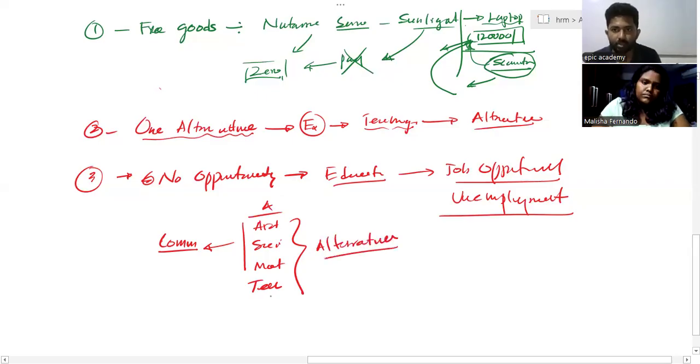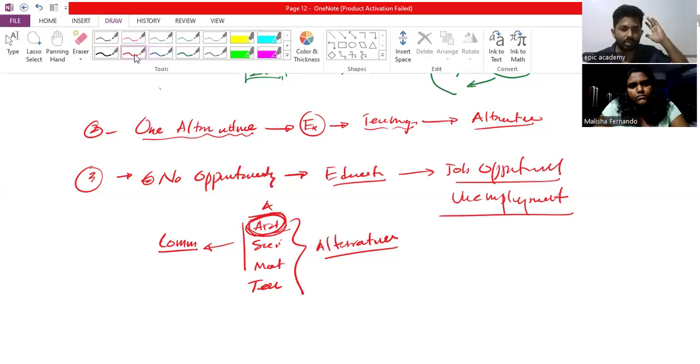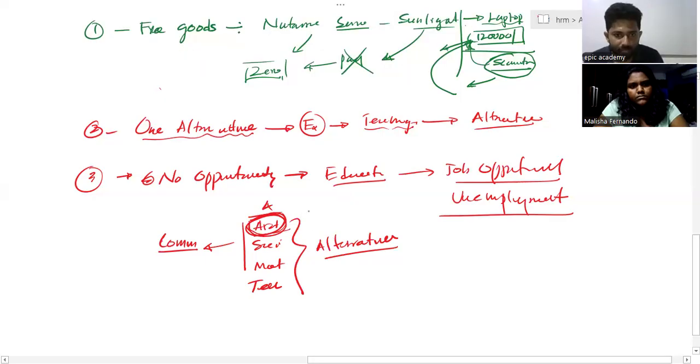Okay, so we call all of these four alternatives. Vikalpa, alternatives. But in your mind, you say that art is very good. Your mind says that art is the best one among the alternatives. You already took the decision to face the exam with the commerce stream. But your mind says that comparing to the other alternatives, art is very easy or good or something like that. Your preference is going to be that one.